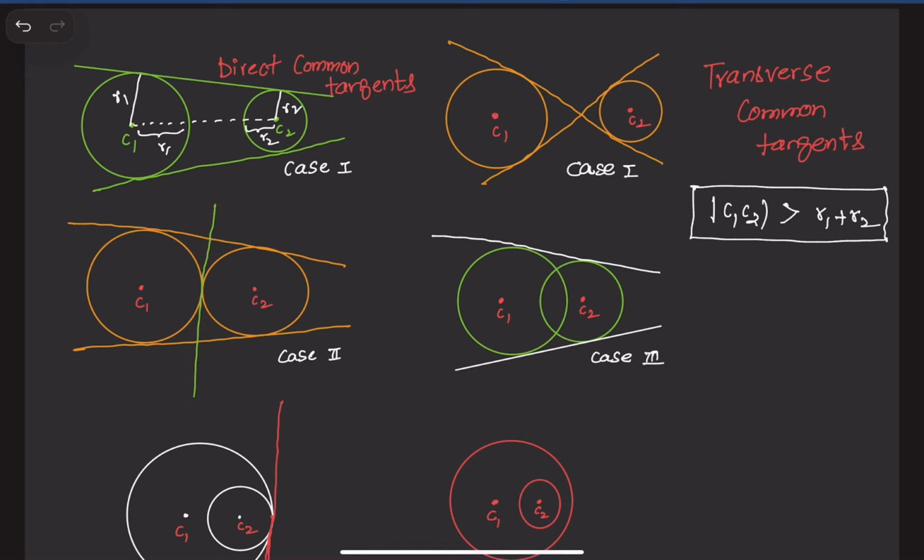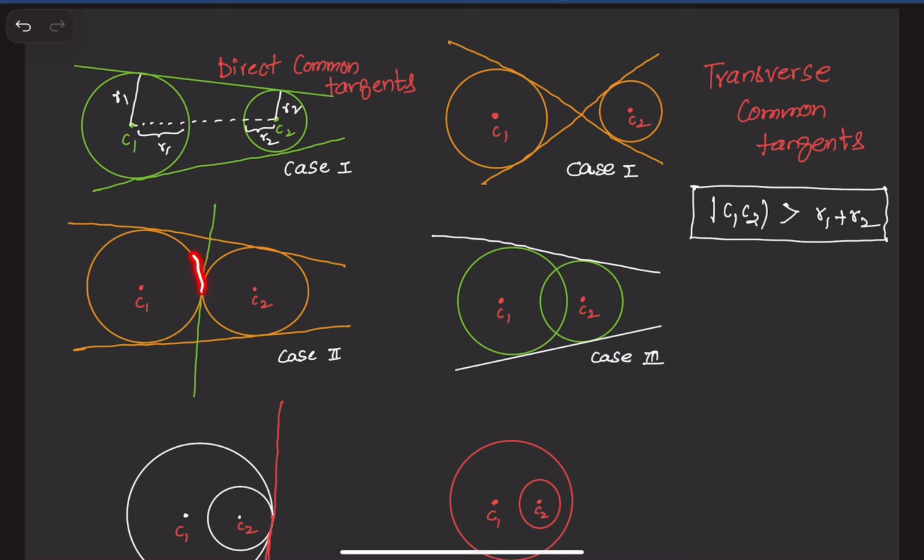So what is a direct common tangent? If the two circles lie on the same side of the tangent, then such a tangent is called a direct common tangent. If you consider this, both the circles lie on this side of the tangent. So this is a direct common tangent. Whereas in case of transverse common tangent, one circle lies above the tangent and one circle lies below the tangent. Alright.